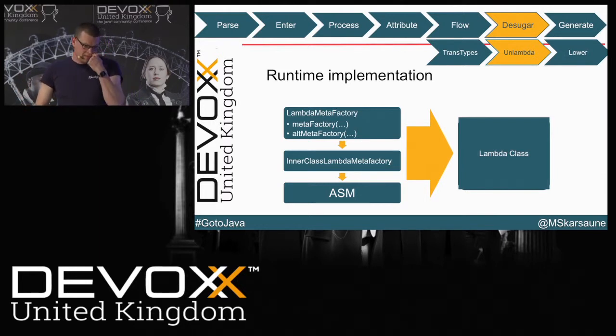The reason they did this was that, okay, this inner class works fine, but perhaps future versions of Java will have even more optimal implementations of lambdas. So it's deferred until runtime. Maybe at some later version of Java, you can still run this class file with the current invoke dynamic call, which will then maybe do something even smarter.